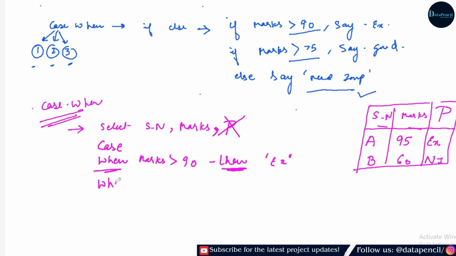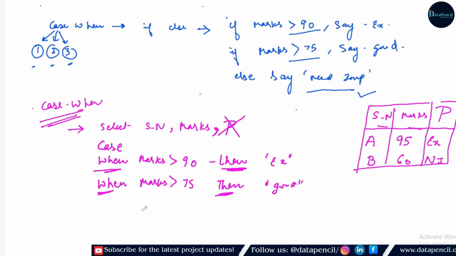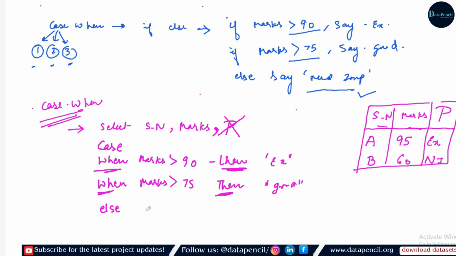Next condition, again we write when marks are greater than 75, then mark it as good. These are the 2 conditions, and the third one is that other than these marks, you have to consider them as need improvement. So here we write else. If these conditions are not fulfilled, then use else and write need improvement.